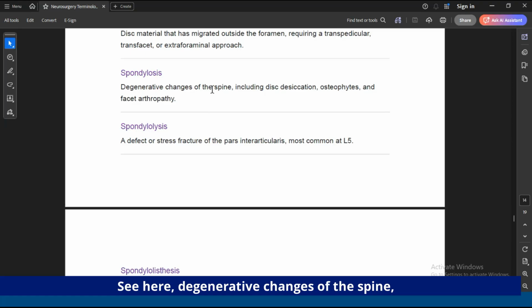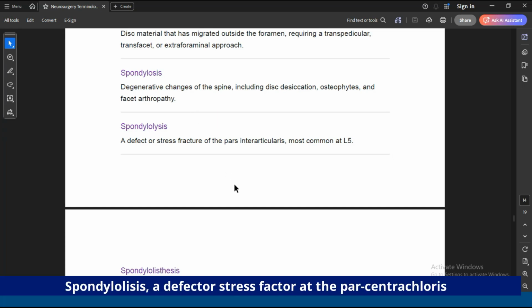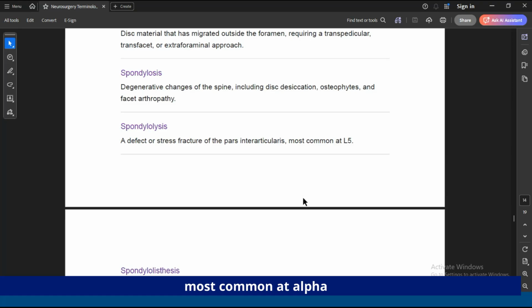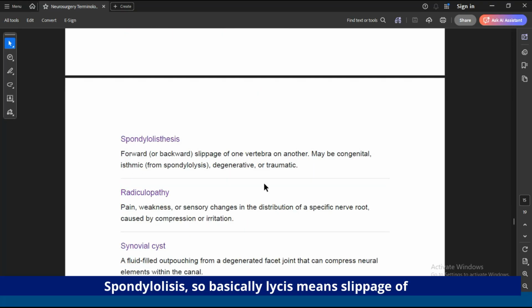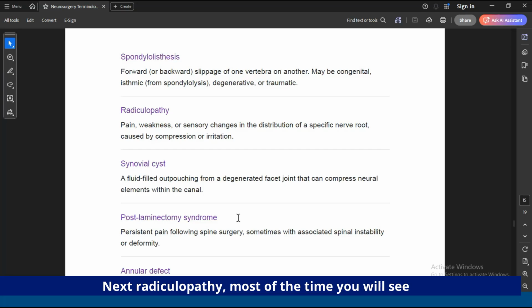See here, degenerative changes of the spine, including disc desiccation, osteophytes, and facet arthropathy. Spondylolysis, a defect or stress fracture of the pars interarticularis, most common at L5. Spondylolisthesis. So basically, listhesis means slippage of the vertebra. It is called spondylolisthesis.